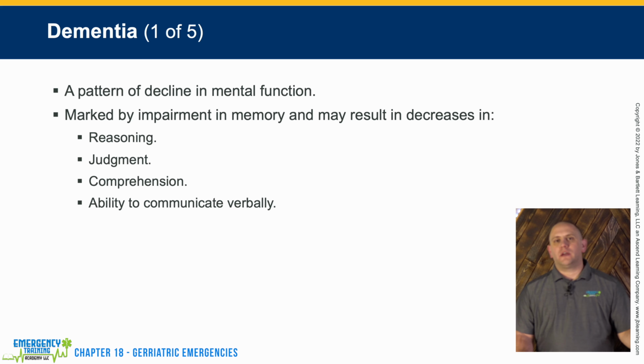We talked about the cognitive decline that we can see in our elderly patient. Oftentimes we will see this with dementia. Dementia is a progressive and usually irreversible decline in the mental functions of our patients.